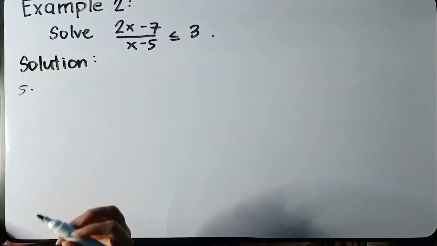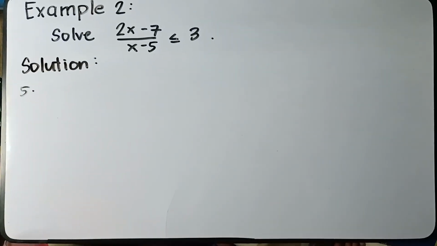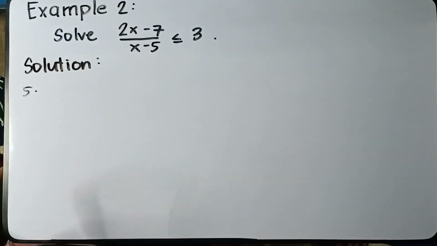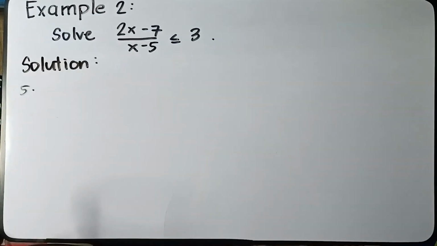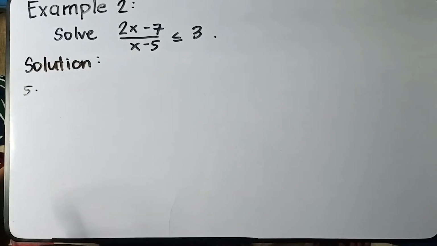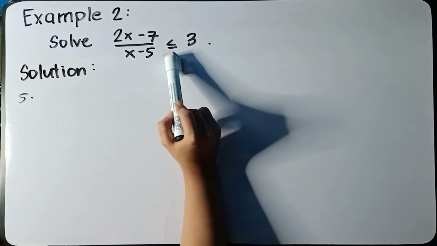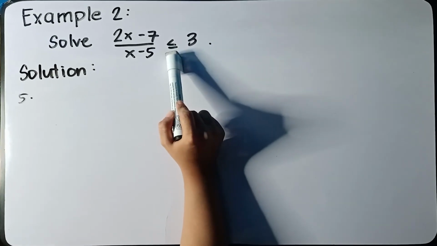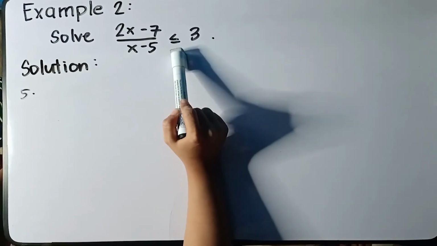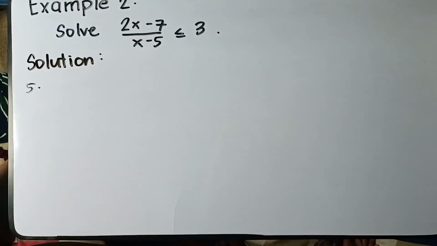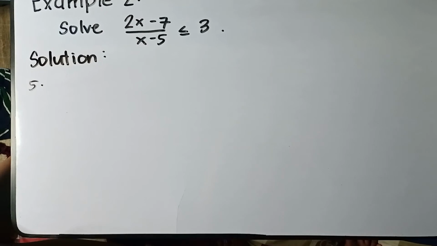After testing the intervals, consider only the intervals that will satisfy the rational inequality. In this example, the answer always depends on the inequality symbol. We have here less than or equal to 0, which means the sign that we will consider is negative.